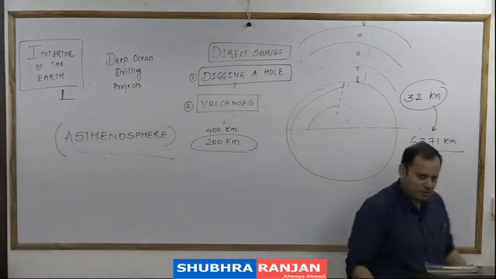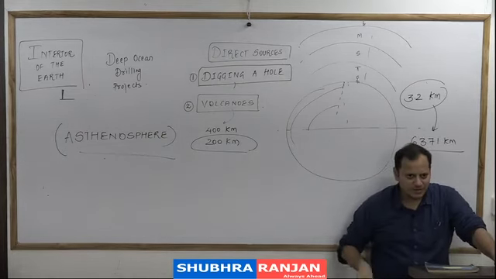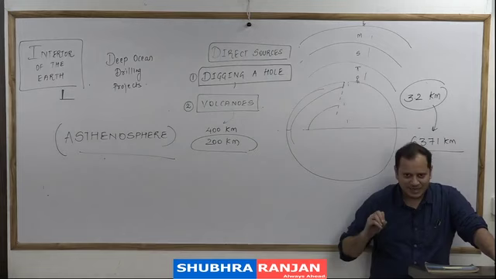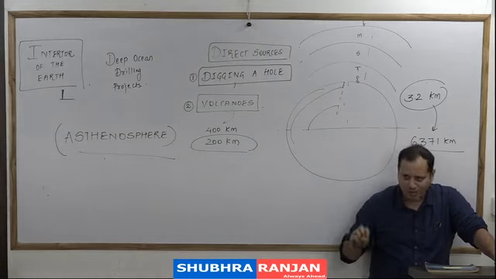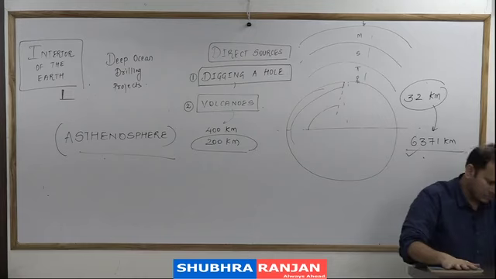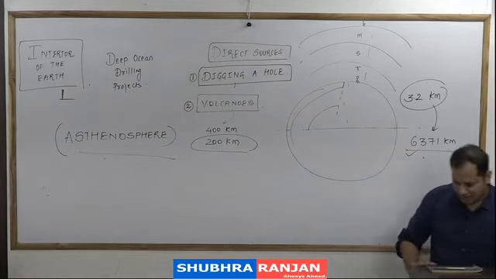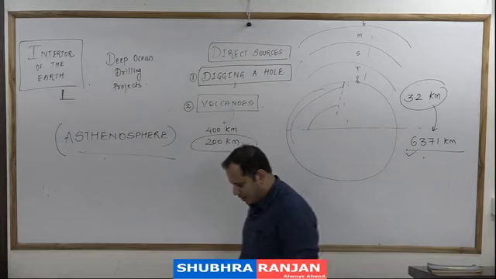Asthenosphere mostly occur from 200 kilometers. We call this as an asthenosphere. And thus volcanic eruptions give us idea of up to only 200 kilometers.